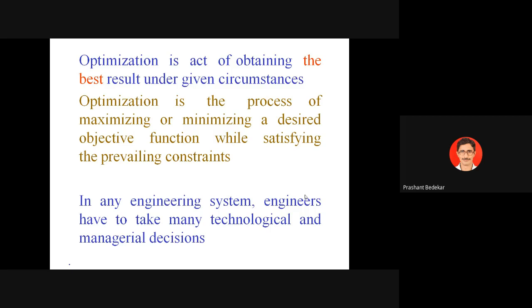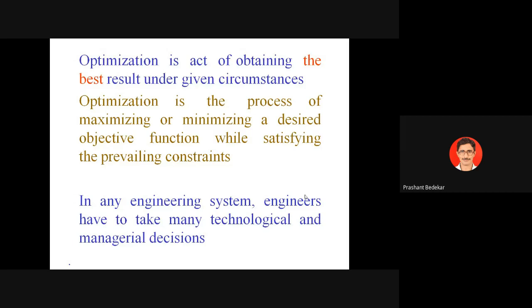In any engineering system, or even in general day-to-day work, the engineers or the managers have to take many technological and managerial decisions. Even if we are working as a teacher, we have to take many technical decisions and many decisions from the organization point of view. Managerial decisions. Say you are being given the charge of the annual social gathering of the college.